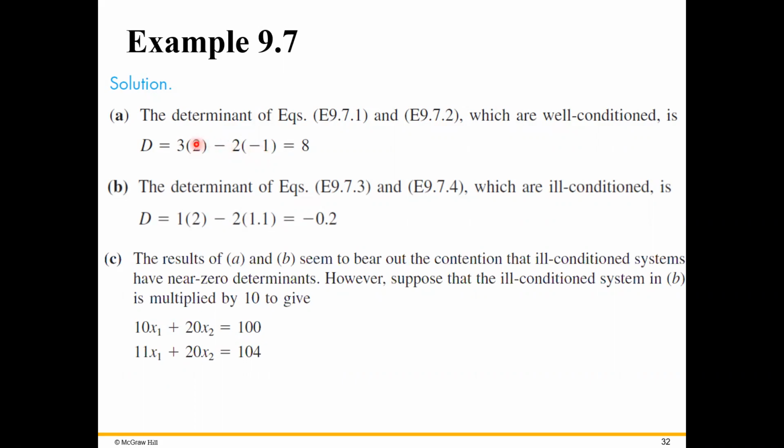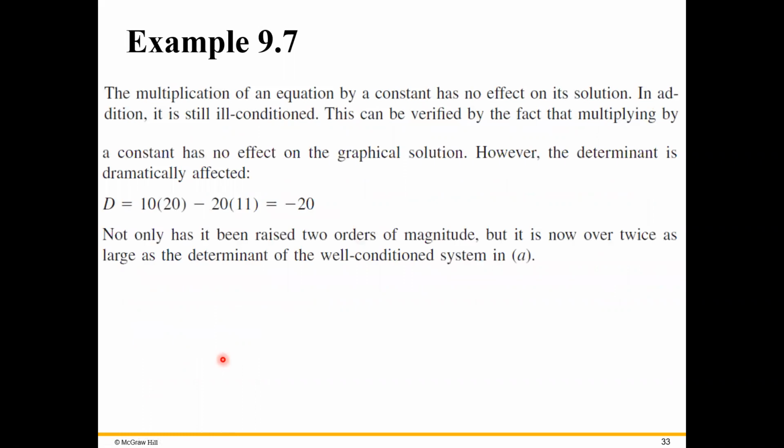So 10 times 10 will be common, and the system is actually multiplied by 100. The same thing will happen: the determinant will also be multiplied by 100.